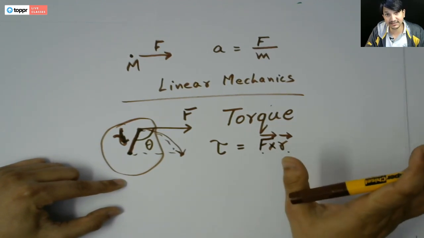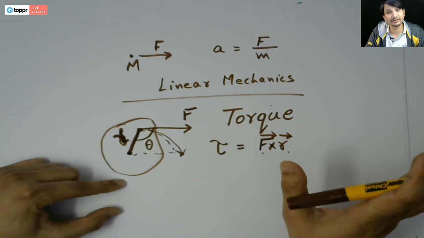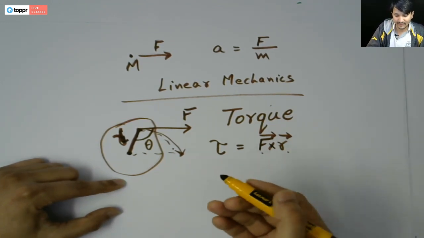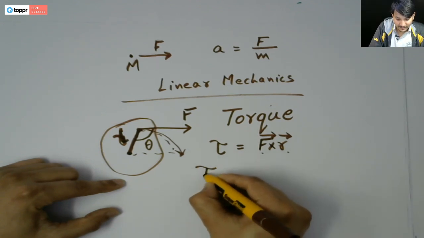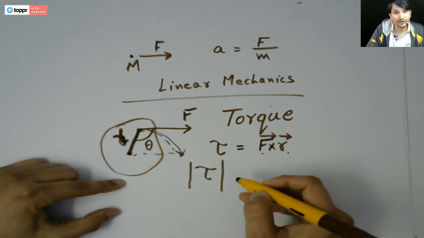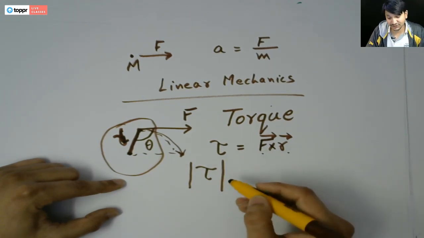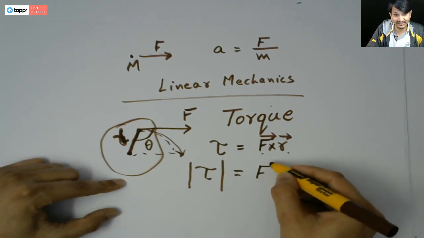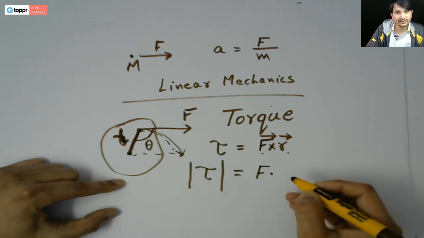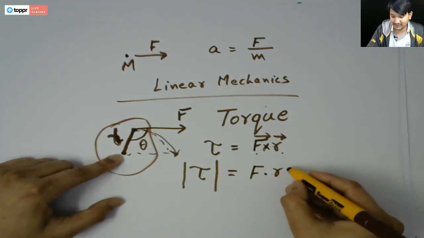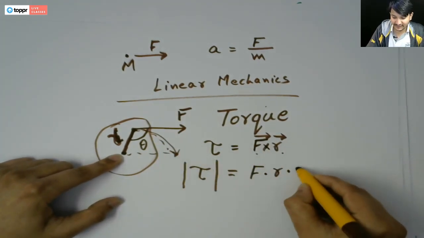If you have not studied vector calculation or vector multiplication, don't worry, there's another formula. This is the simplified version. The magnitude of torque is equal to the magnitude of force times the magnitude of this distance r times sine theta.